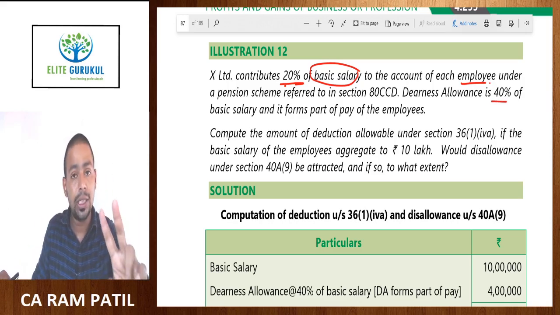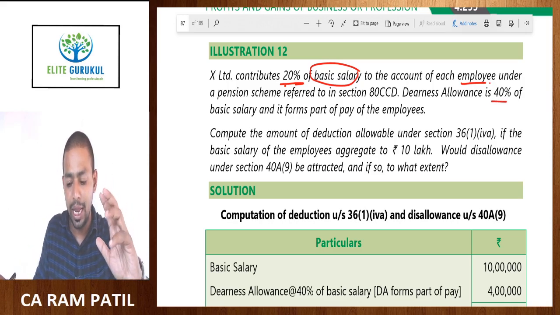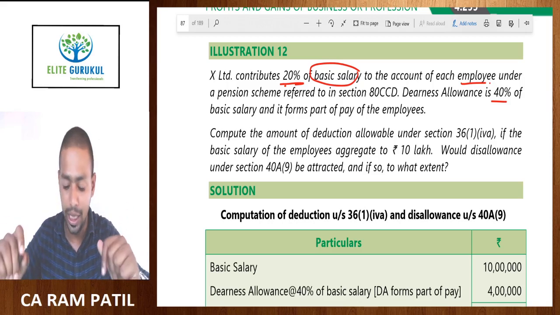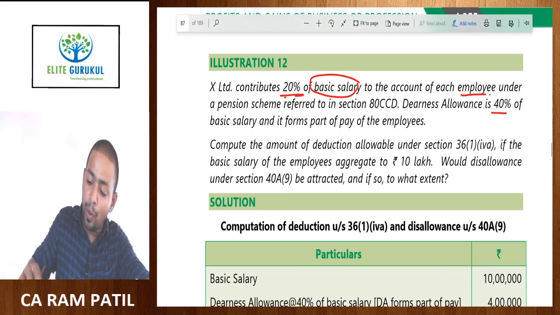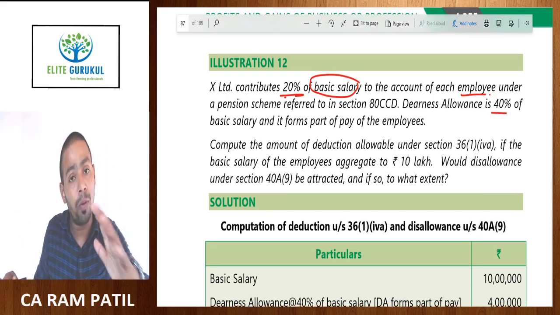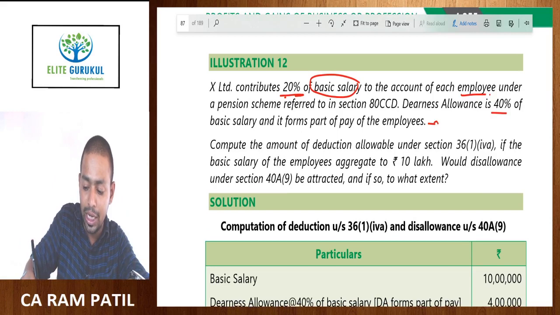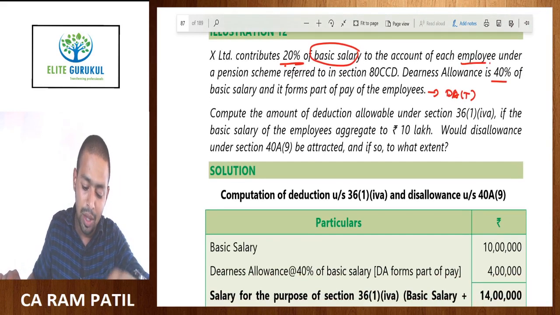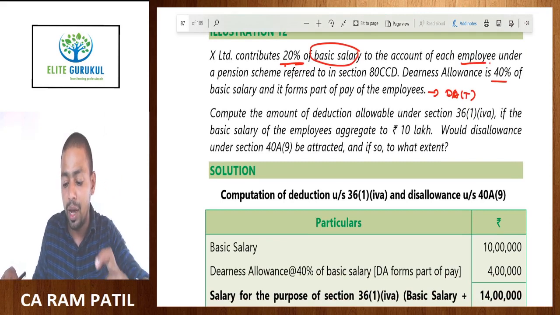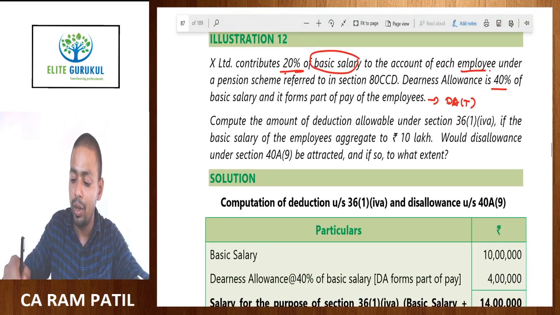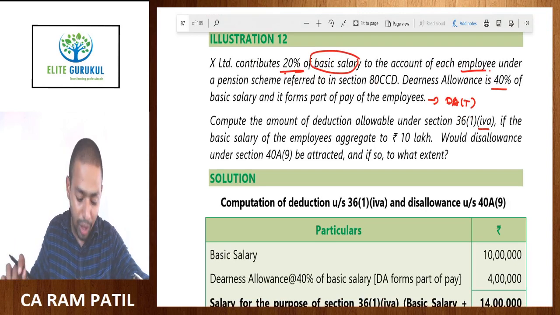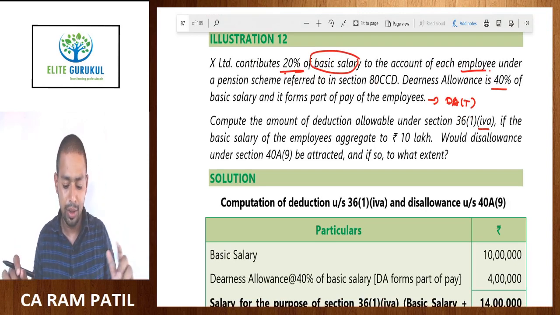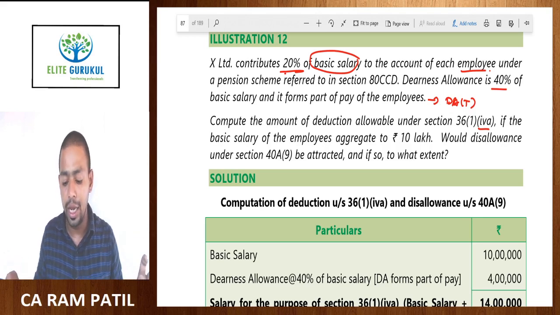He is contributing 20% of basic salary, whereas what is allowed here is 10% of basic salary plus DA. So employee is getting 40% of basic salary and it forms part of retirement benefit. That means this is DA in terms, so it will be considered for calculating the answer. Compute the amount of deduction allowable under section 36 subsection 1 clause 4A if the basic salary of employee aggregates to 10 lakh.